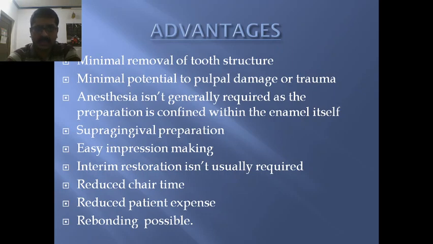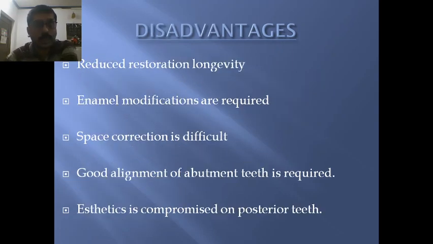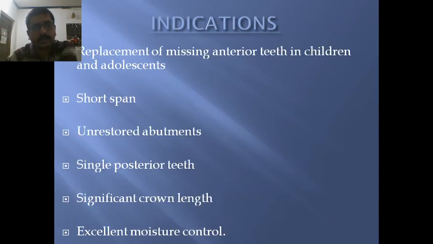Impression making is pretty easy. Interim restoration is not usually required. Reduced chair time, reduced patient expense, and rebonding is possible. Disadvantages: reduced restoration longevity, enamel modification is required, space correction is very difficult, good alignment of abutment teeth is required, and aesthetics is compromised on the posterior teeth.